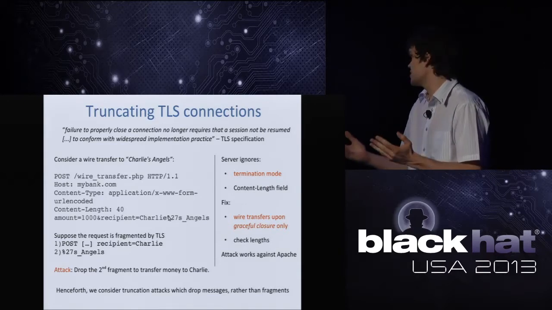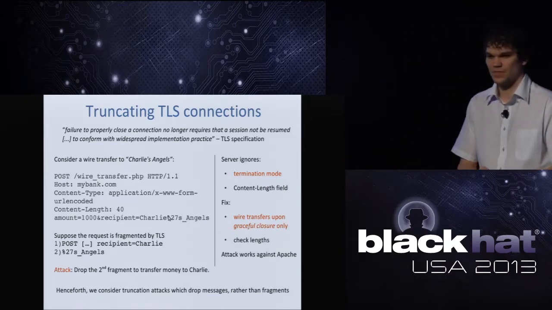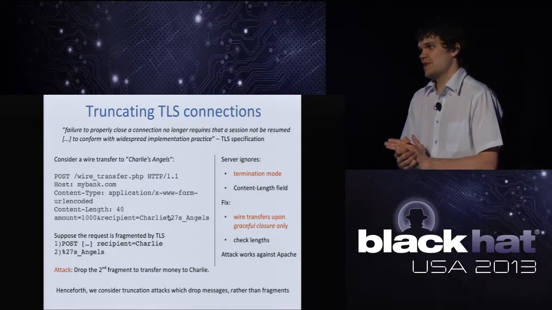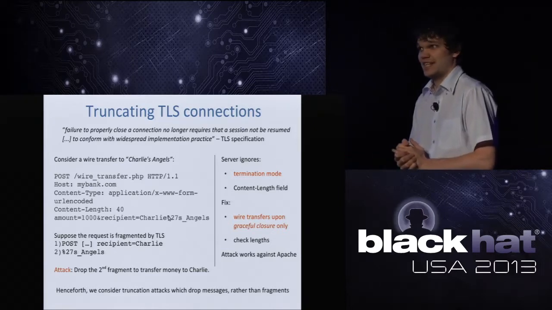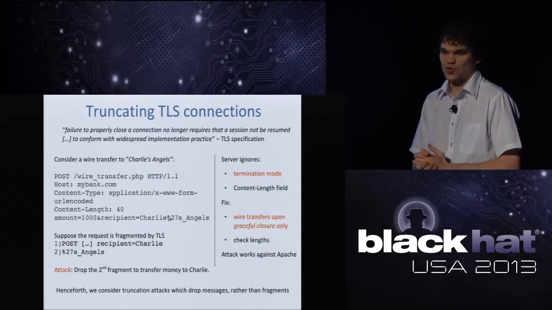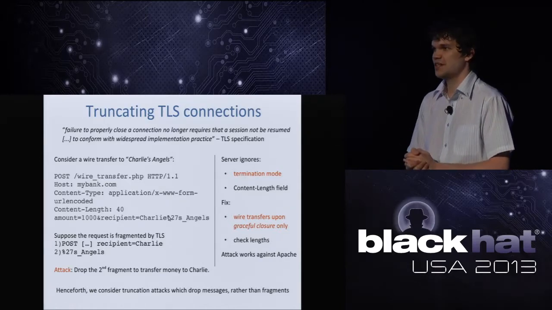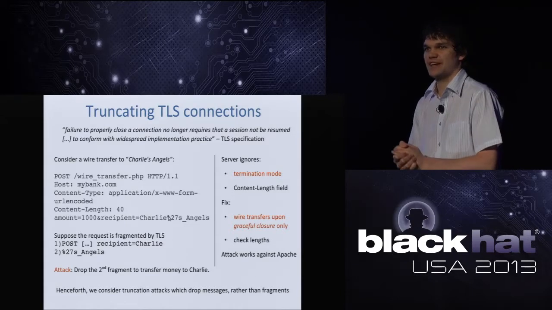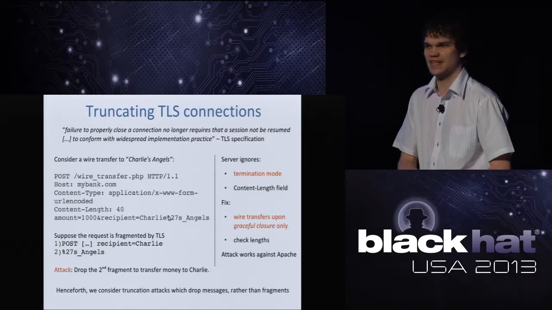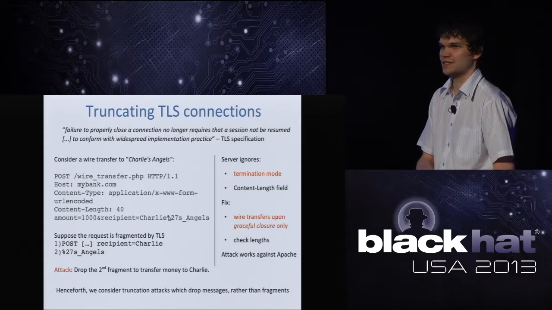The fixes are straightforward. You just need to patch those two things. So I think that's the best way to illustrate what TLS truncation attacks are. But in this talk, I'm actually going to be focusing on an even simpler version. I'm not going to be relying on fragmentation. I'm just going to be truncating the entire thing. So I'll just drop that transfer completely, and I'll show you how we can launch attacks using that idea.